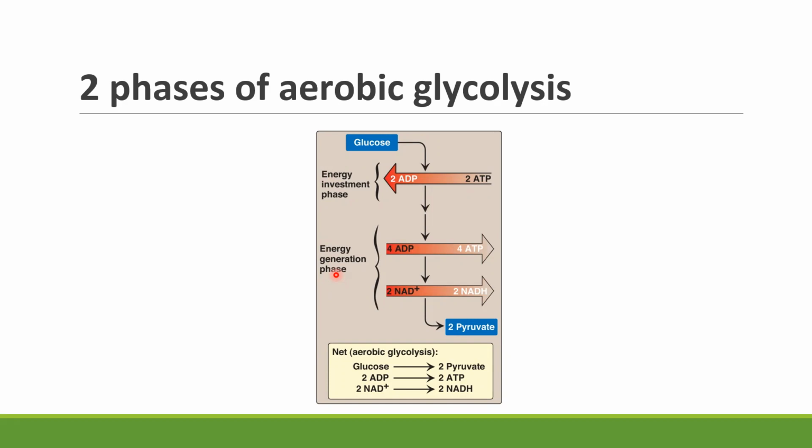But if we subtract these ATP to get the net, the whole ATP produced at the end of this process, it is just 2 ATP. That's an important question: if she asks you what the net of aerobic glycolysis is, it is 2 ATP. That's the most important thing. And 2 pyruvate and 2 NADH.